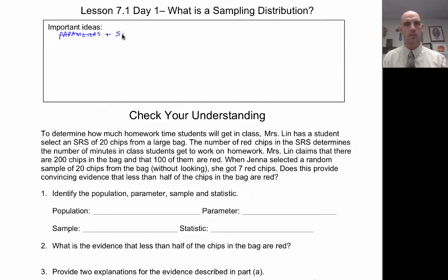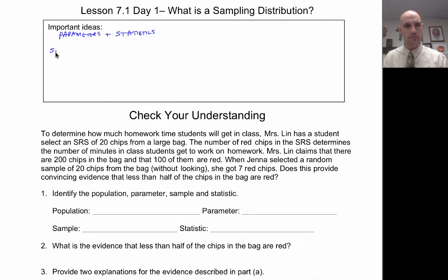And you're like, well, we're already talking about statistics. Parameters and statistics are used to talk about specific types of data. So are we talking about something that's describing the mean, or describing a sample, or are we talking about something that's describing a population?